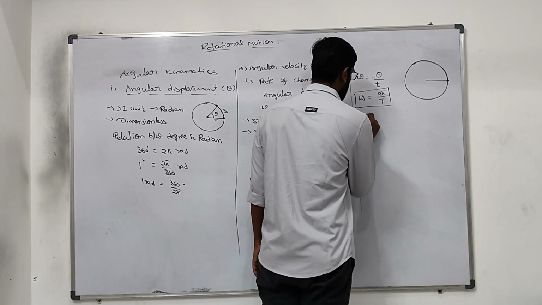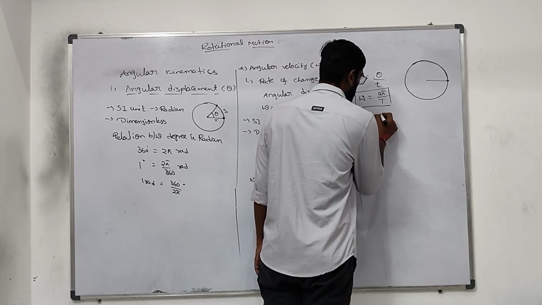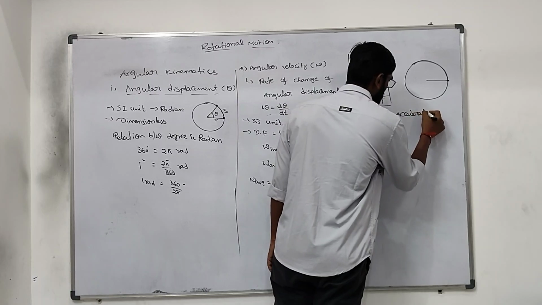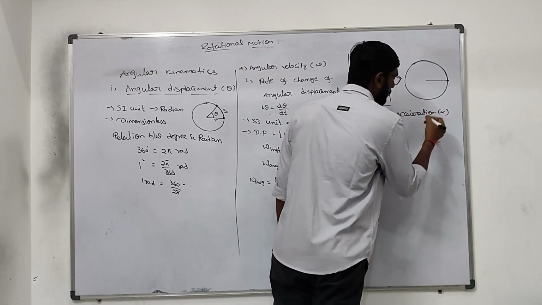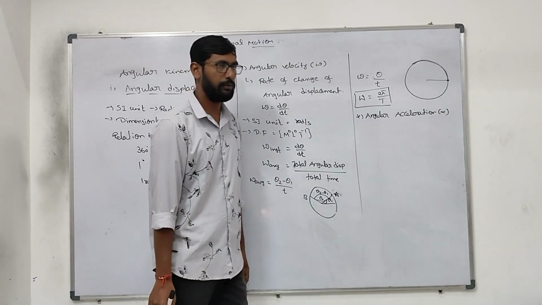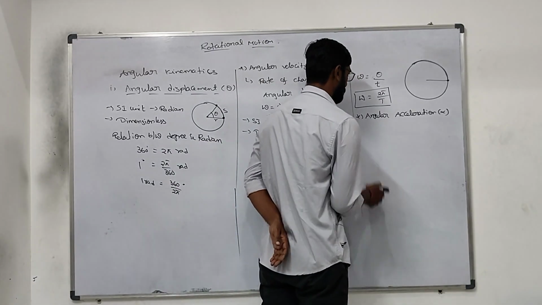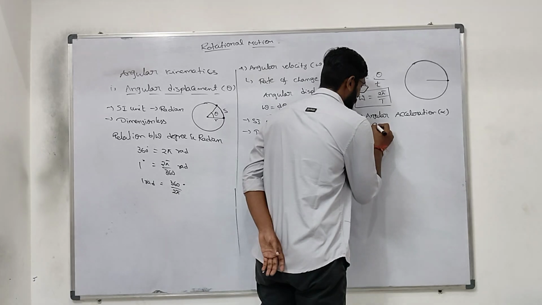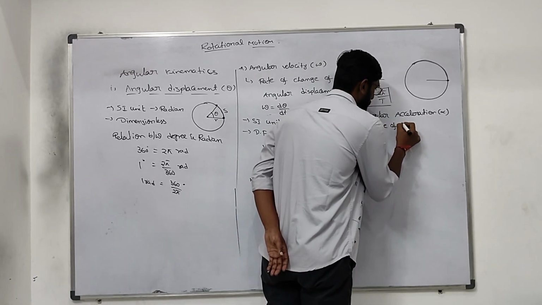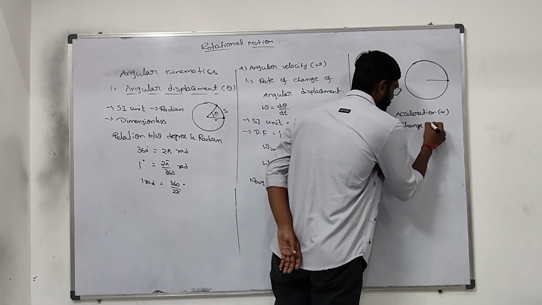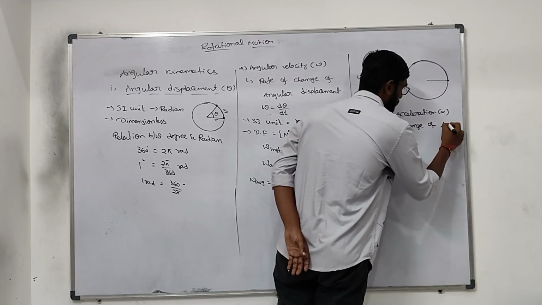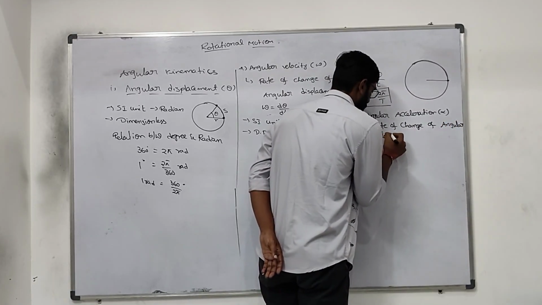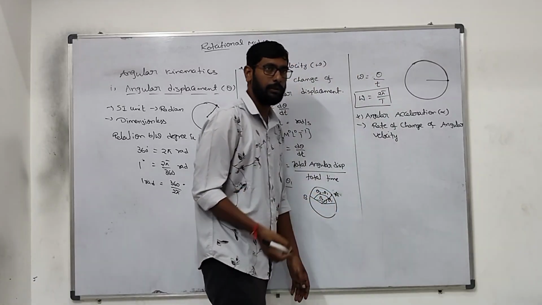Next, angular acceleration. We write it as alpha. Angular acceleration is alpha. This is also defined as rate of change of angular velocity. Right? Rate of change of angular velocity.